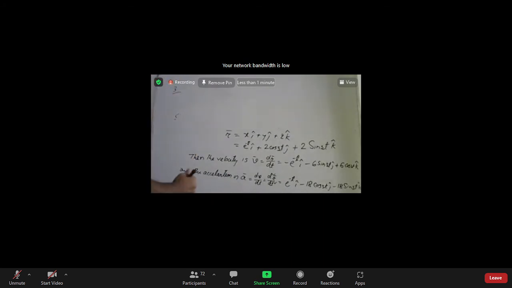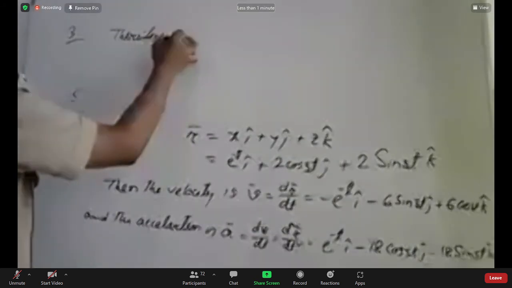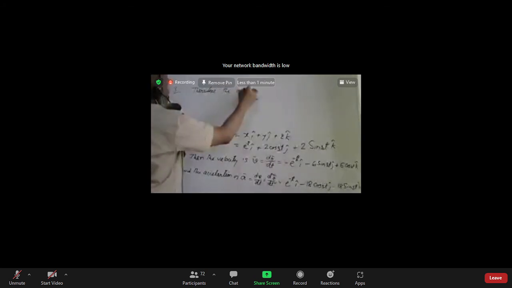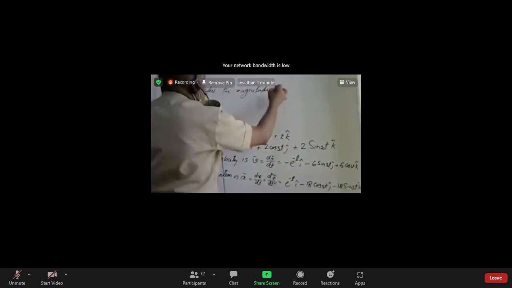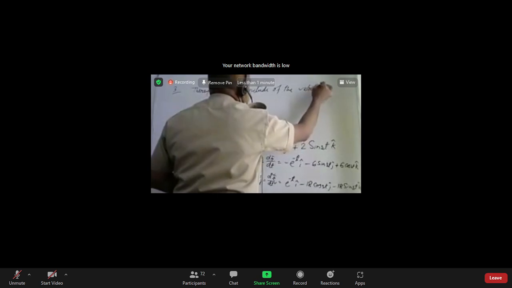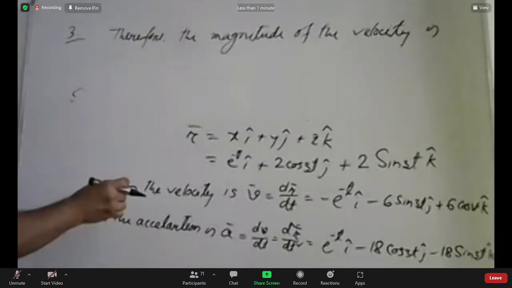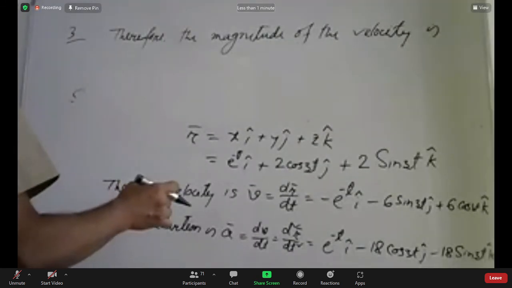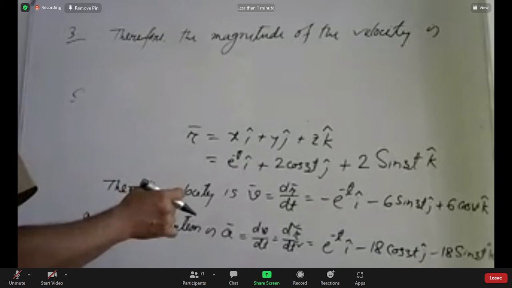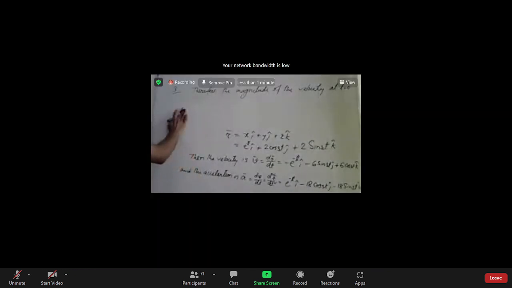The magnitude of the velocity at t is equal to 0 will be what? Magnitude of dr by dt.